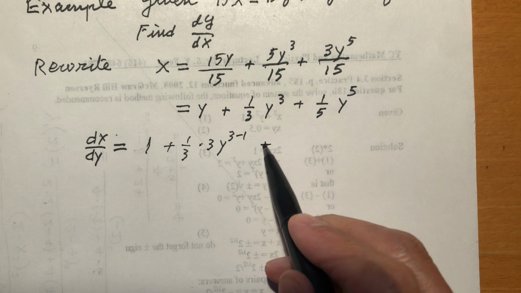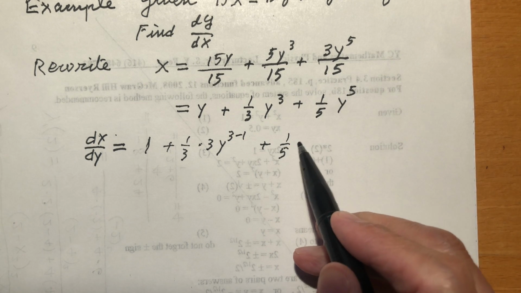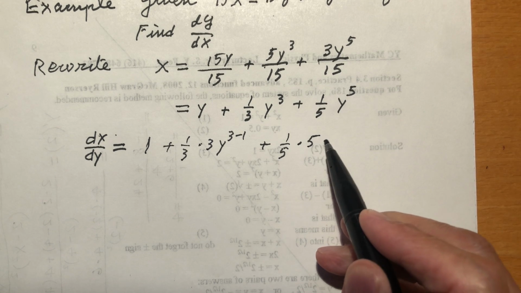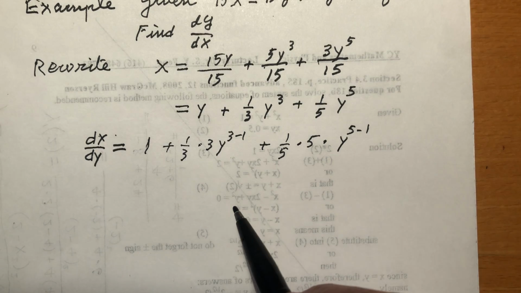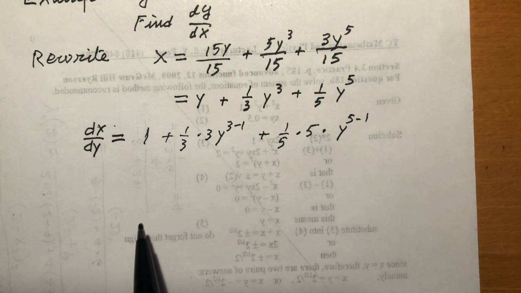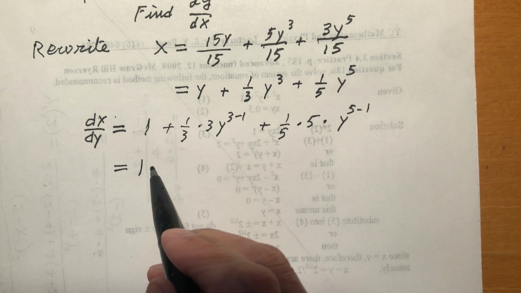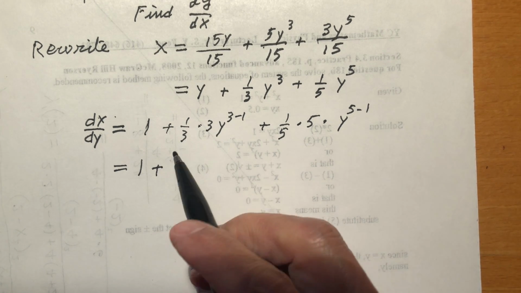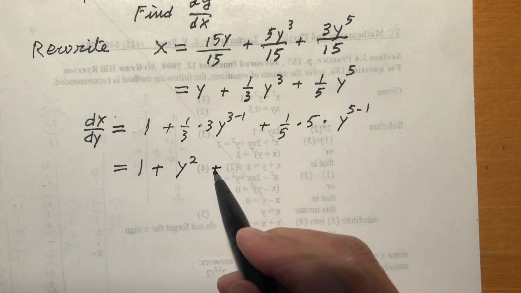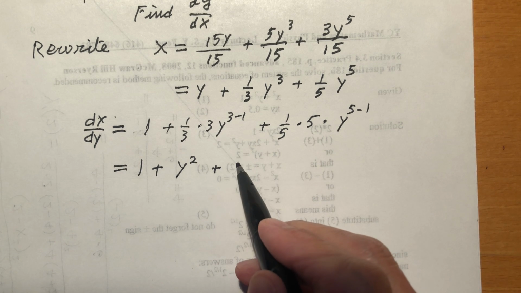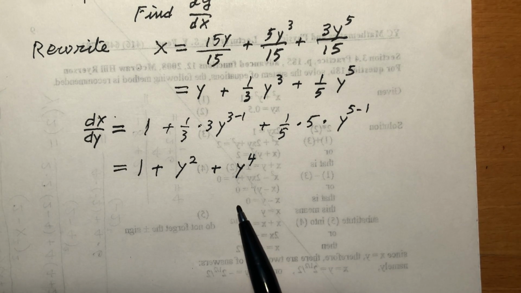Then this one, 5 goes to the front, 5 minus 1. Okay, so what is this? This is 1 plus, 3 and 3 cancel, this is y squared. 5 and 5 cancel, y to the fourth. So this is what I have.